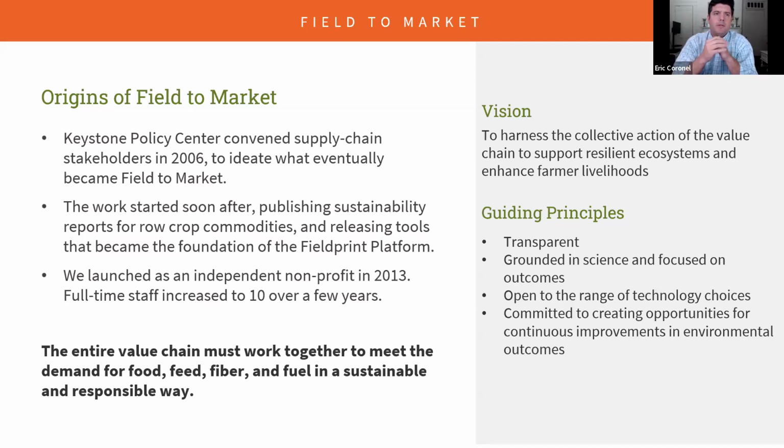Field to Market started publishing reports. They released the Fieldprint platform as an Excel spreadsheet, and over time, we launched as a nonprofit. We grew to about 10 staff members over the years. It has been pretty steady over time. And we believe that we can engage the supply chain from growers all the way to the retailers to connect them.